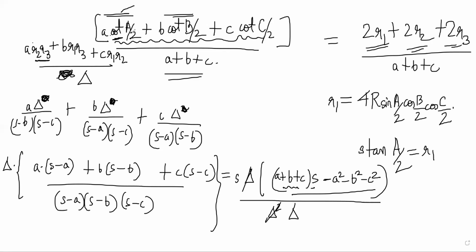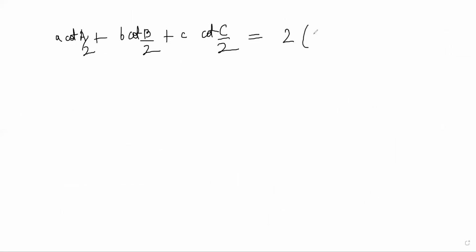Denominator was coming; for the numerator we have to think of A cot A/2 plus B cot B/2 plus C cot C/2. How is that equal to this? You have to prove it is equal to 2 times (R1 plus R2).